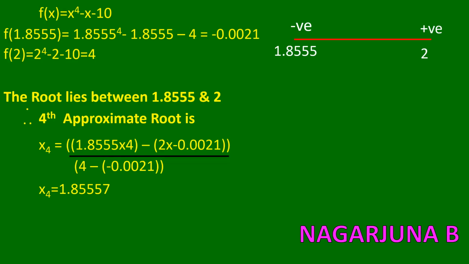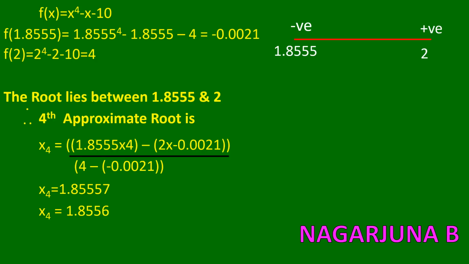The previous digit is 5. If you add, it will be 6. Therefore x4 is equal to 1.8556. So when we find f of 1.8556, you will get minus 0.0003. That means it is almost nearer to 0.